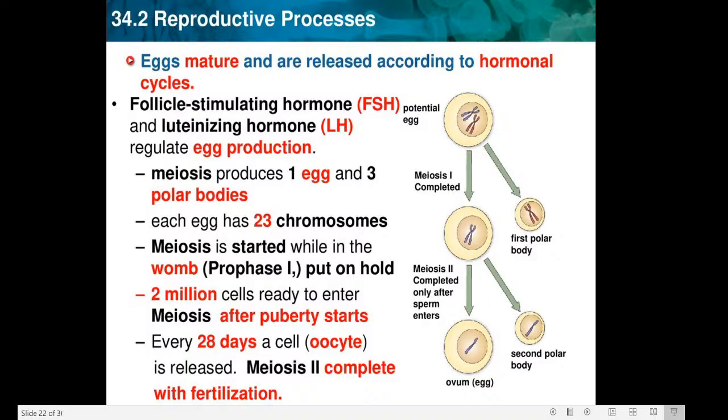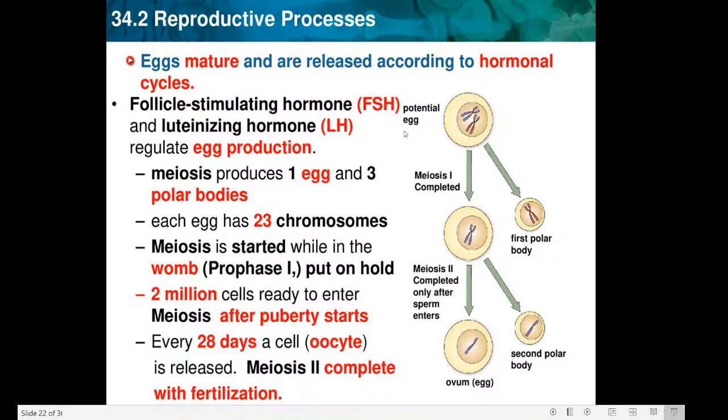Meiosis starts and is held at prophase 1 with 2 million cells ready to enter into meiosis after the puberty stage. After puberty starts, from the 28th day the cells, that is the oocytes, are released, and meiosis 2 completes with fertilization.